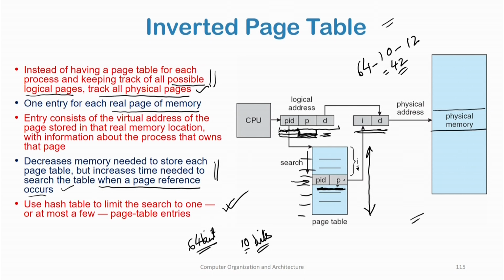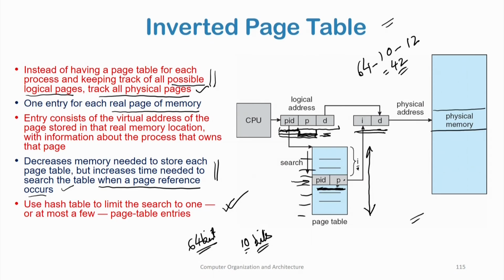So, by shifting from a per process page table to one page table for the entire physical memory, I can reduce the amount of memory dedicated to hold page tables in main memory. The inverted page table is used in a few IBM architectures like PowerPC. They were the first and the main proponents of this inverted page table organization.